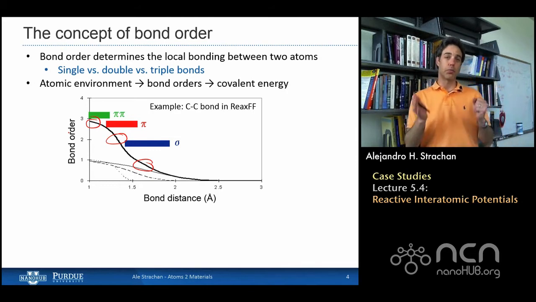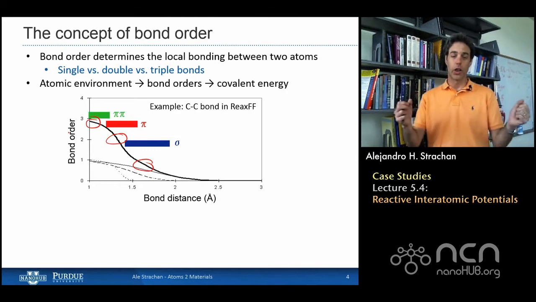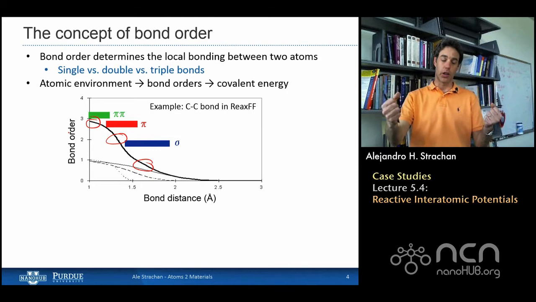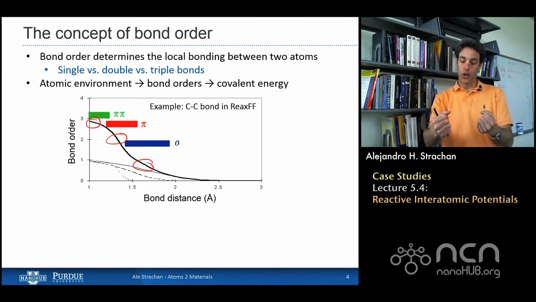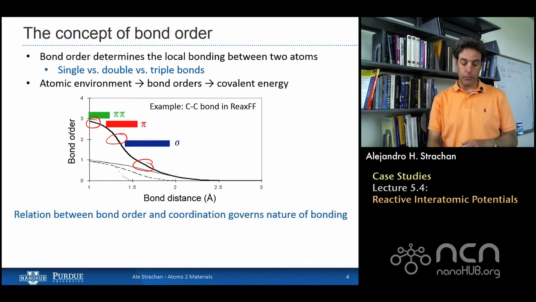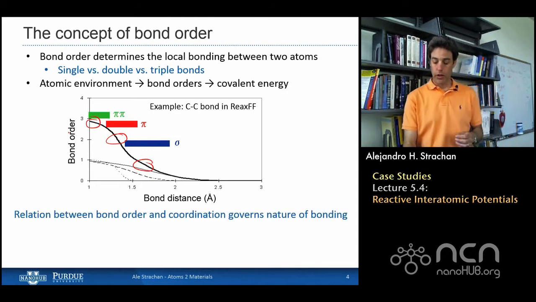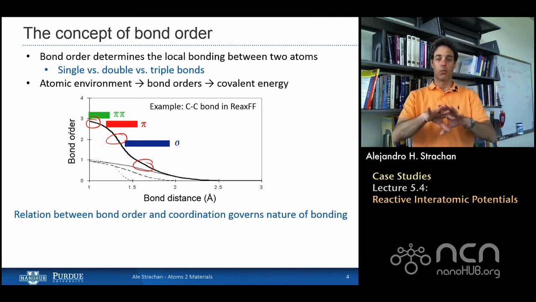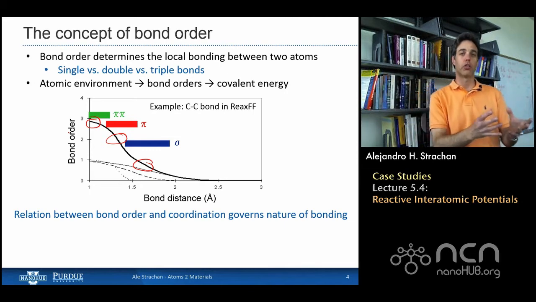So there's this relationship, but let me stress once more that this is not a pairwise relationship, but a many-body relationship. The bond order between two atoms depends on their distance, but also on the local environment. Now, what characterizes different materials is how this bond order affects the bond strength.